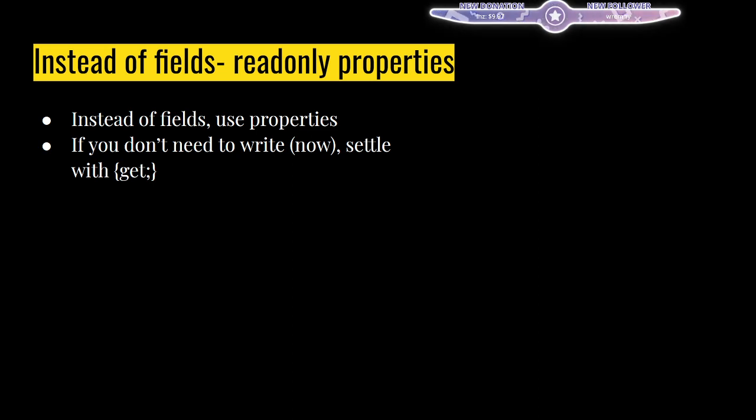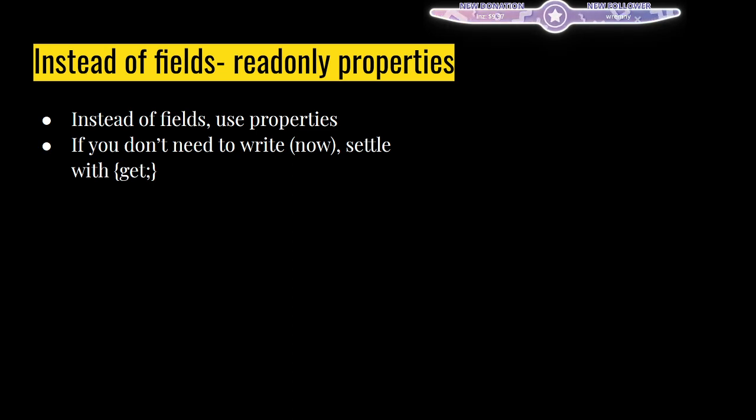If you allow the state of a class to be mutable when it shouldn't be mutable, you create a risk of it breaking. And to minimize that risk, we can use properties instead of fields, and specifically read-only properties instead of setters and getters at all times.